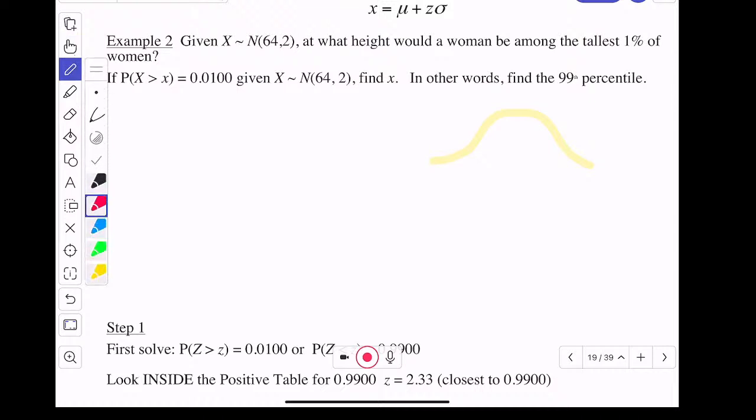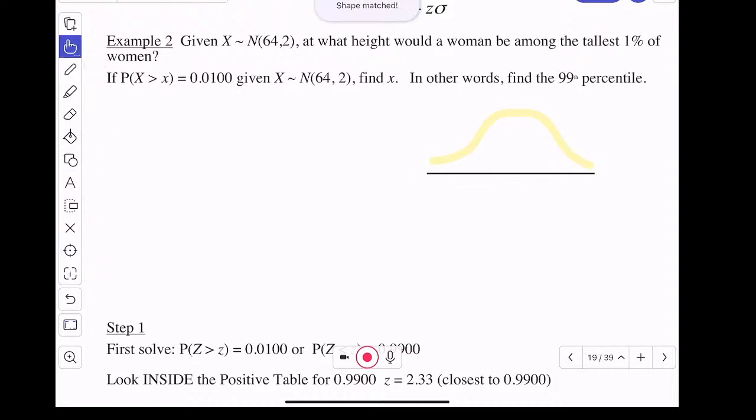So to be among the tallest 1% of women, where would you be on this in terms of Z? Would you be here? Well, here in the middle, you'd be in the top 50%, right? Because you have 50% to the right and 50% to the left.